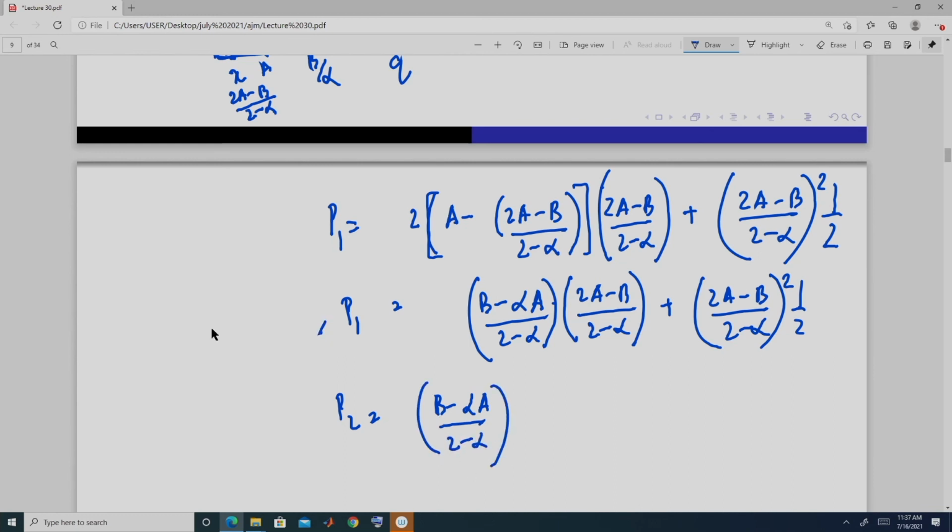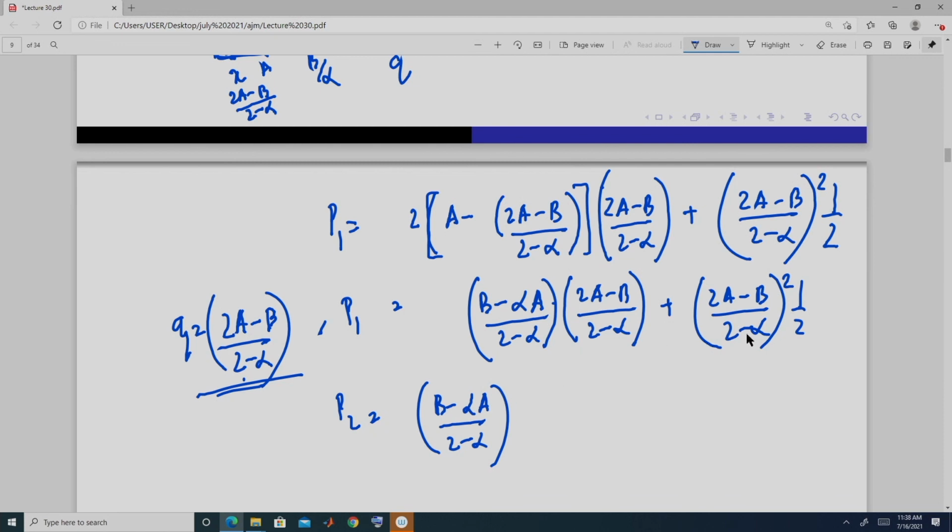At this, Q1 is this. Okay. This is the bundle, this is the package at this price.